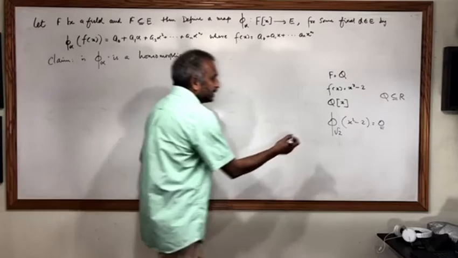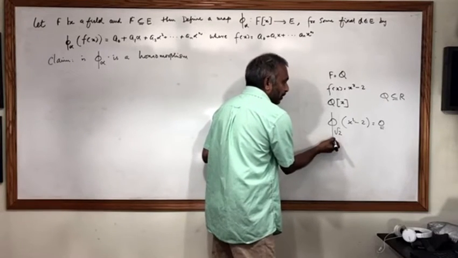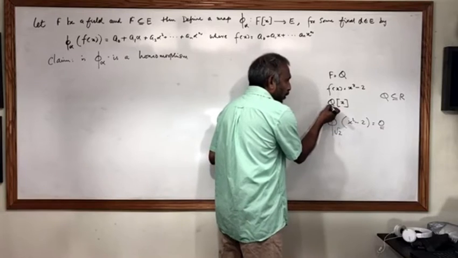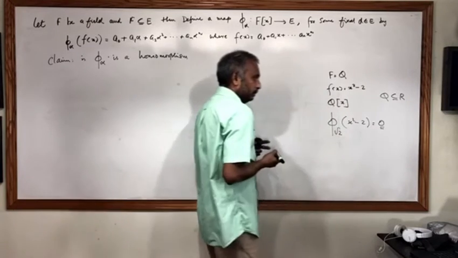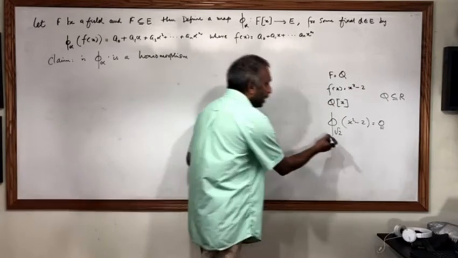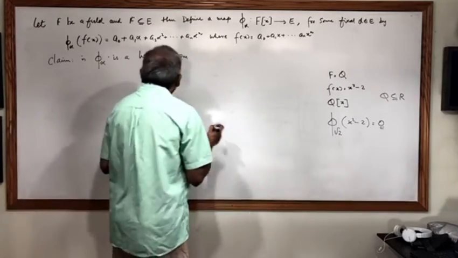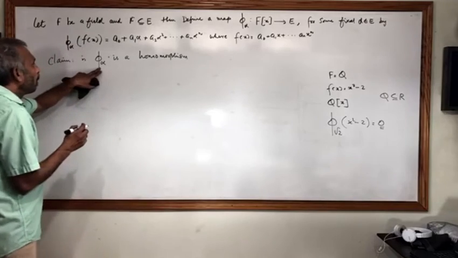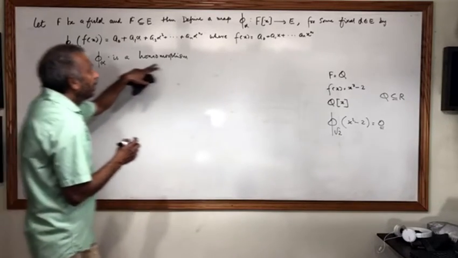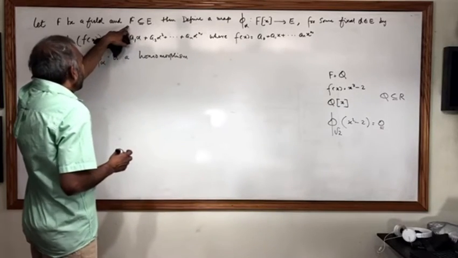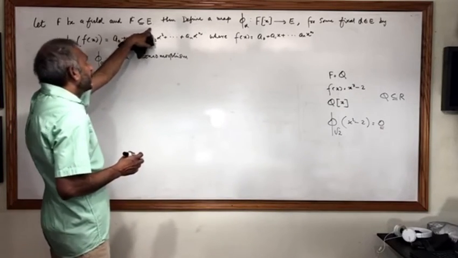Of course, this is a homomorphism. I am taking one element from Q of x and evaluating it. This is a general map. So that is the idea of picking alpha from an extension field. When I say F is a subfield of E, E is an extension of F.